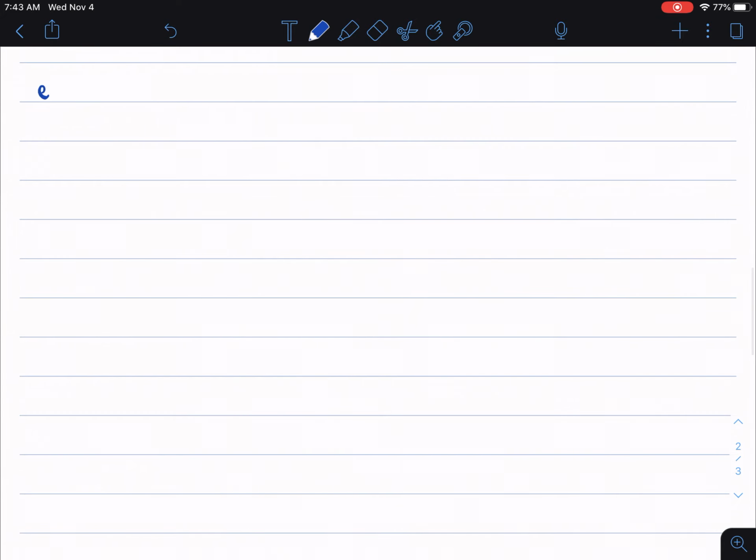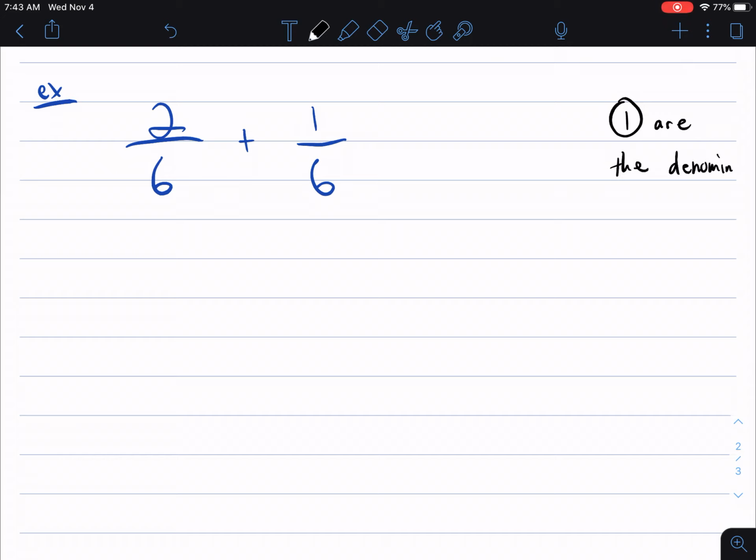So let's do some more examples. 2 over 6 plus 1 over 6. Your question: are the denominators the same?